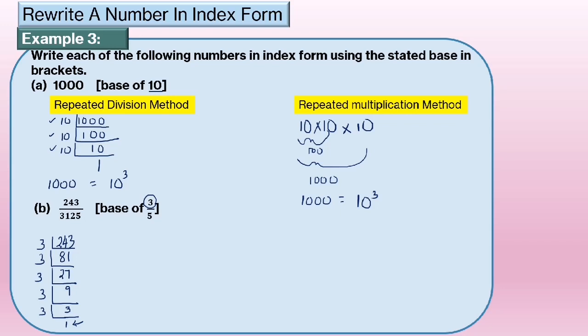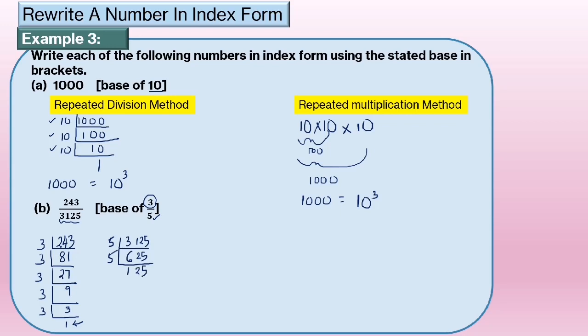Okay, so now we try the denominator, 3125. 3125 divided by what number? You refer to the base at the bottom here, the denominator is 5. So divided by 5. 3125 divided by 5 equals 625. Okay, so 625 divided by 5, you will obtain 125.